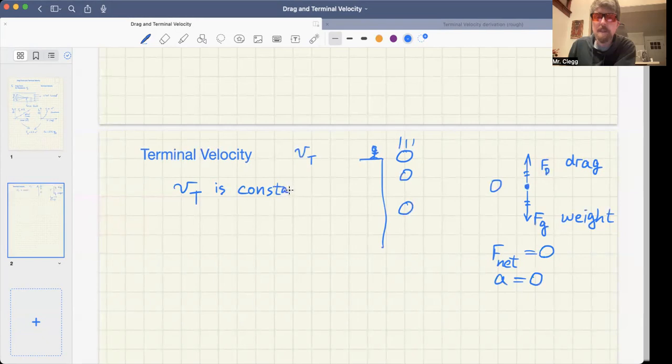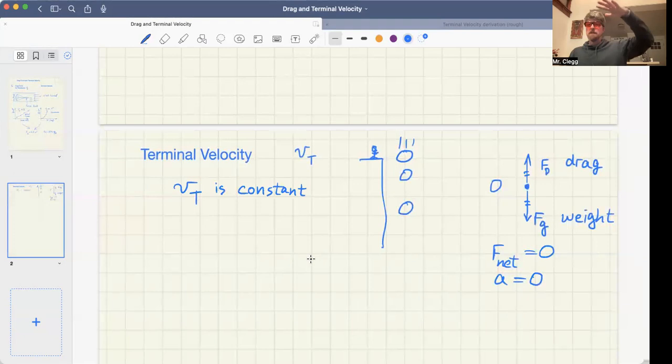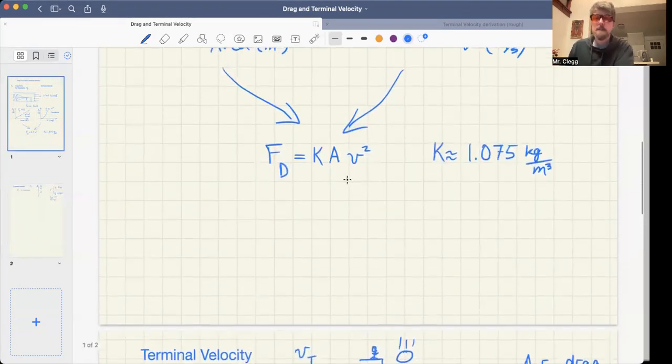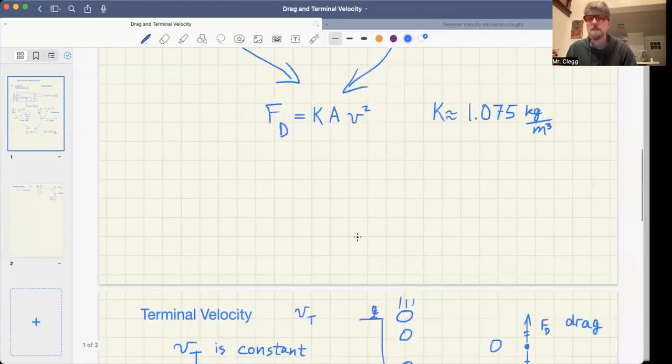And you've probably seen that when you drop a piece of paper like this, it floats down pretty slowly, and a parachute floats down pretty slowly. Something like a rock has a much higher terminal velocity, and we might be wondering, well, why is that? Well, because the drag force depends on the area. So if you have a big, wide area like a parachute, your drag force is going to be a lot.